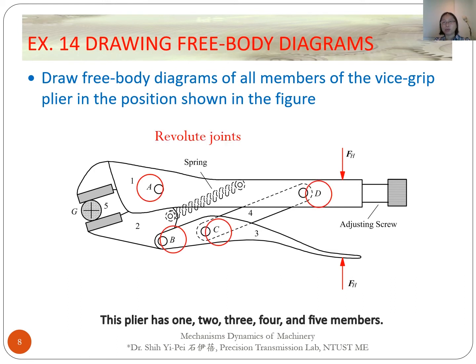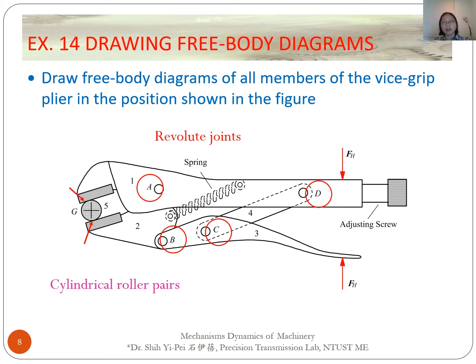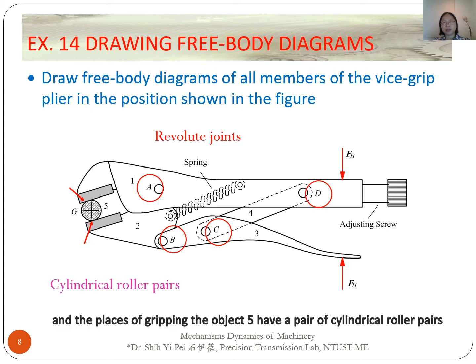This plier has 1, 2, 3, 4, and 5 members. There are 4 revolute joints A, B, C, and D. And the place of gripping the object 5 has a pair of cylindrical lower pairs between members 5 and 1 and members 5 and 2.